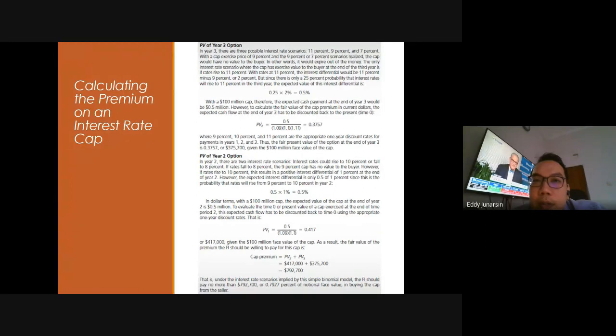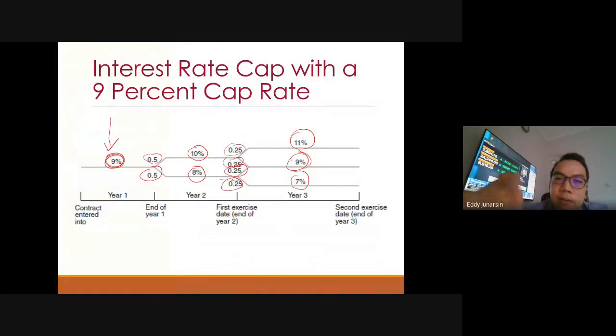So in, let's say, year two, for example, you see three possible scenarios in year 3, and the cap is 9%. At the end of year 3, there are three possibilities.